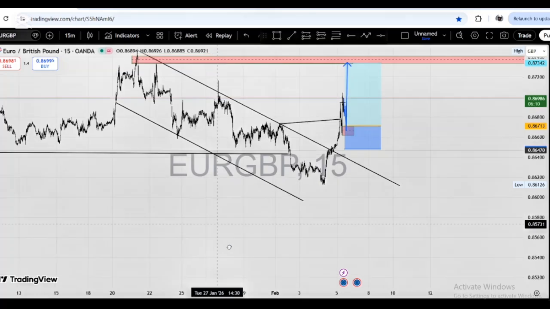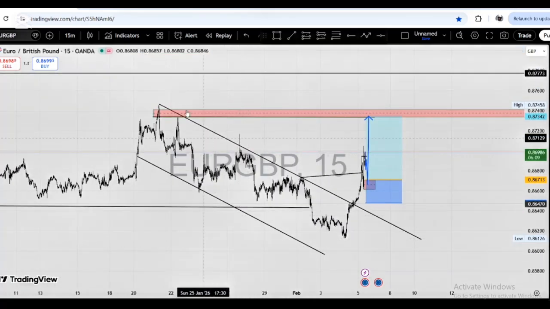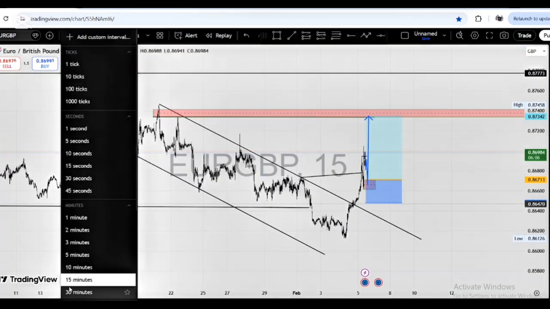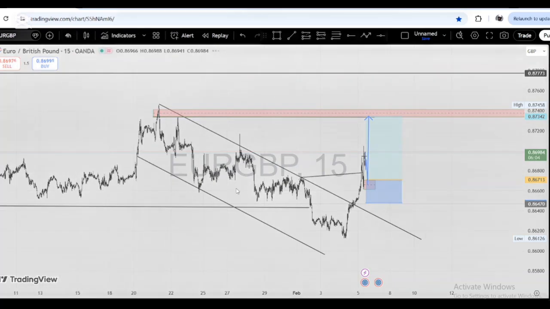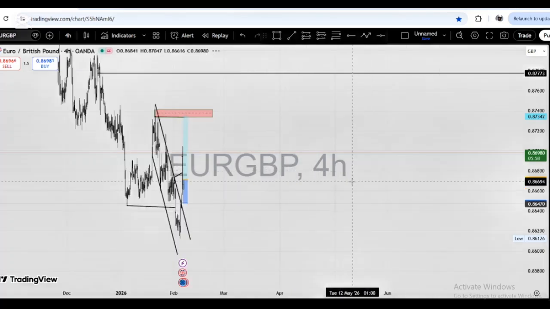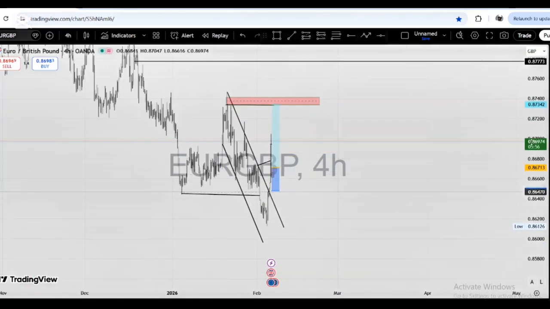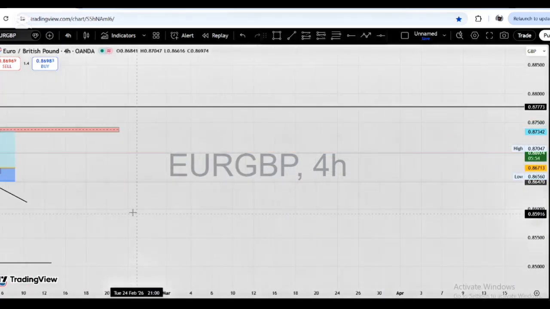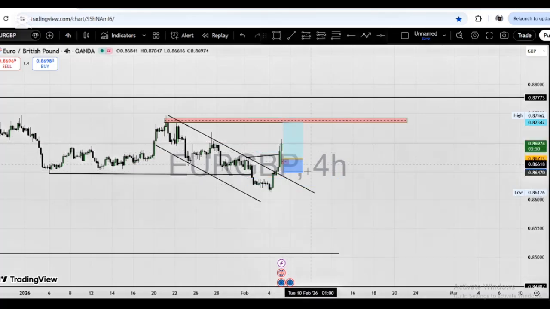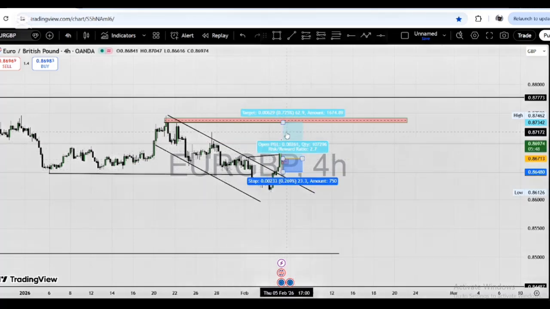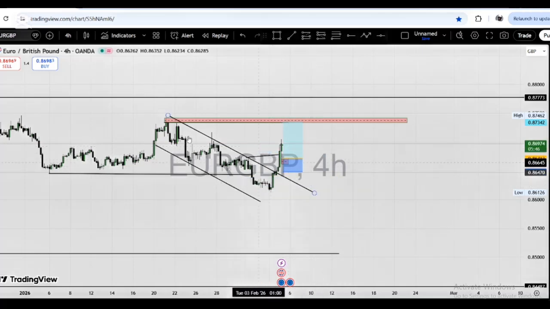What you will always do is, first of all, do your support and resistances before you decide to take any other decision. Once you are able to mark out your support and resistances, and you are seeing a bullish market, you ask yourself, where is the price going?